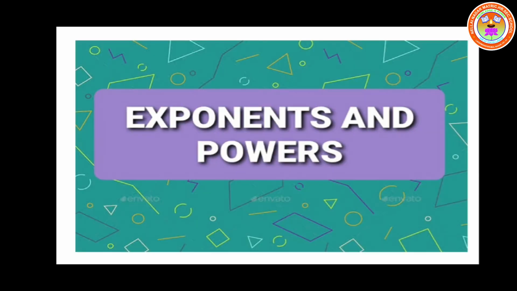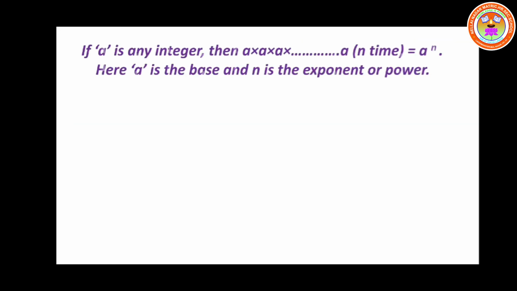Okay. Now let us move on to exponents and powers. Let us see what is meant by exponent and what is meant by power. If a is any integer, then a into a into a, and so on, n number of times, can be expressed as a power of n.